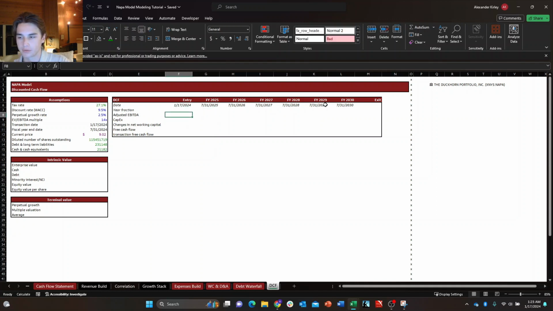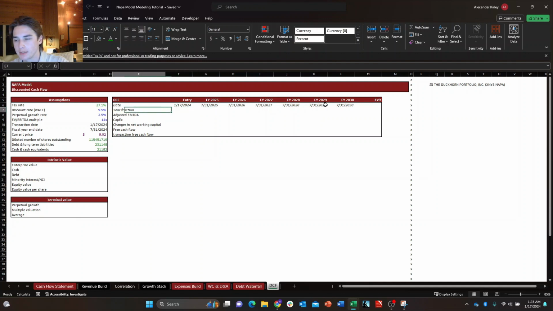And then for our year fraction, the whole idea here is because we are entering this position on 1/17 as opposed to the 7/31, 2023, we can't capture or discount stage 1 cash flows that have already occurred.